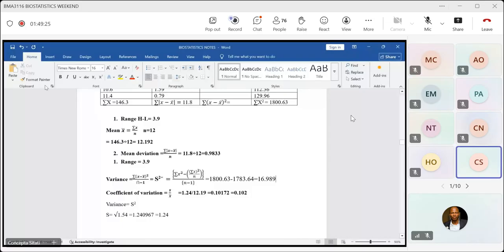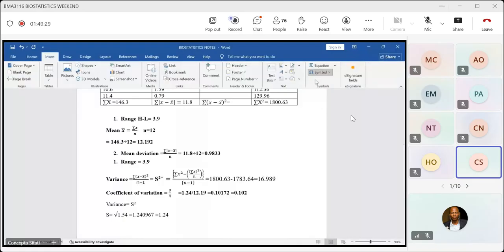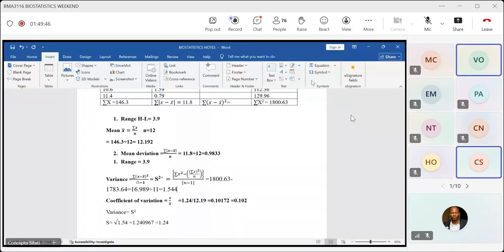Unajua mwalimu vile anasikianga vibaya anakuona wewe hujadivide by 11 umedivide by 12. It's very bad. Yes? Natupatia 1.5445.